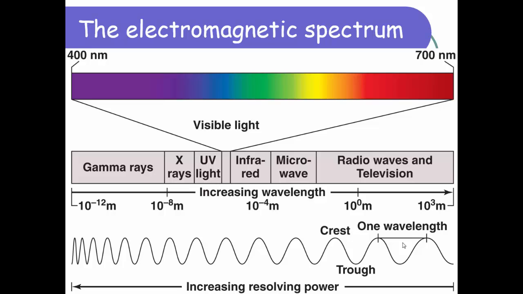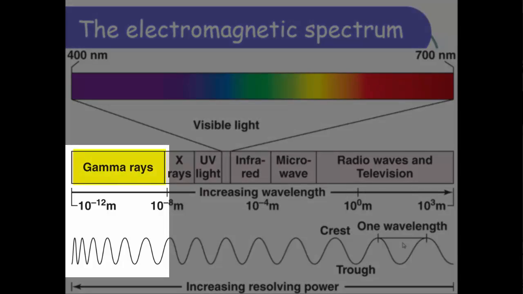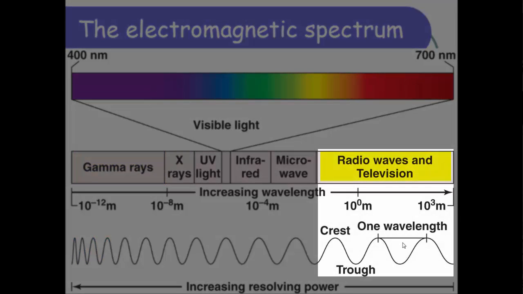This also means that blue or purple light has a higher frequency of waves, whereas red has a lower frequency of waves. Gamma rays have one of the highest frequencies, while radio and television waves have very low frequencies.